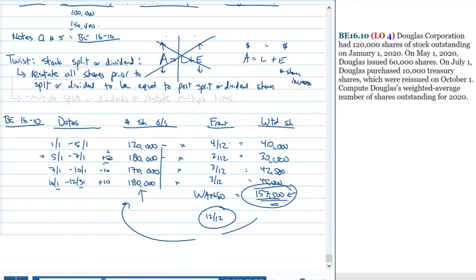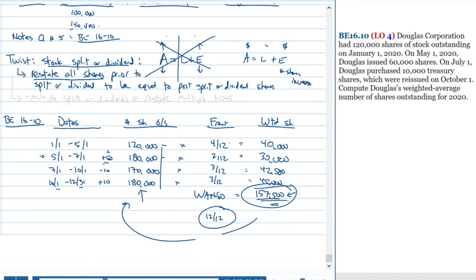So if we have a 3-for-1 stock split, we have to take all those early shares and multiply them by 3, because those shares are really being increased to a higher number of shares, but there's no actual change. Or if there's a 10% stock dividend, we have to take those and multiply them by 1.1. All right, so if there's a stock split or a dividend, we have to restate all those shares.